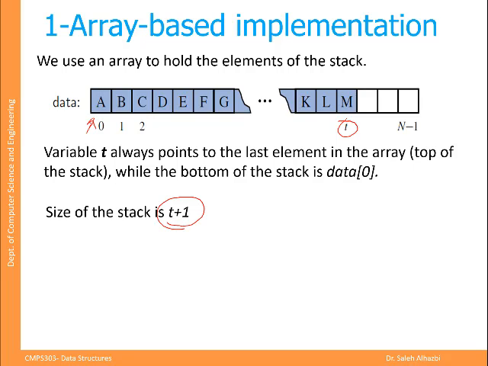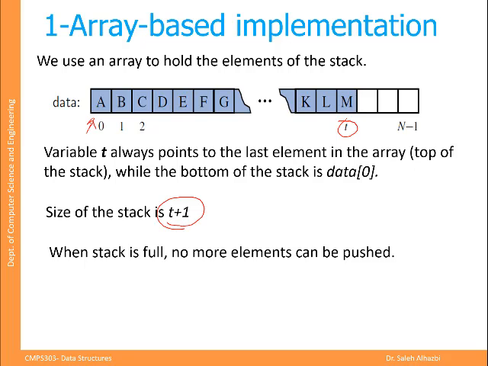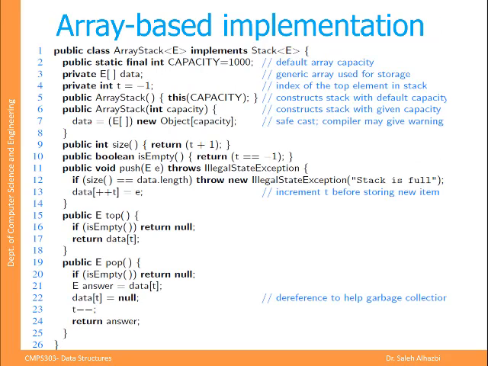Remember, t indexes the last element in the stack, or in the array actually. Okay, when the stack is full, that means we cannot push more elements to the stack. This is an array, so it has that limitation. That means in one case it will be full.